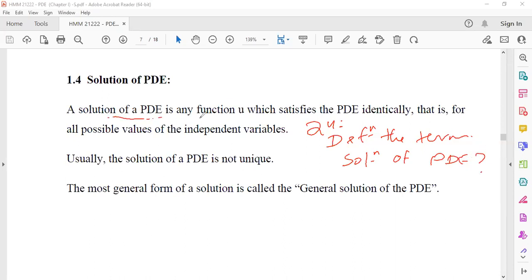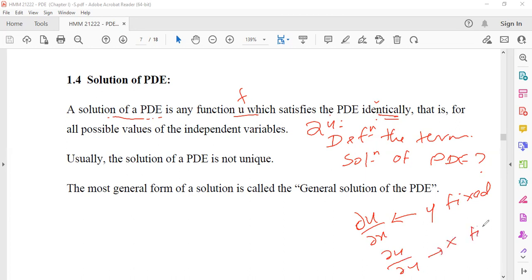The solution of a PDE is any function u or f which satisfies the PDE identically. Identically means that when we consider the partial derivative with respect to x, we take y as fixed, and when we take the partial derivative with respect to y, we keep x fixed.